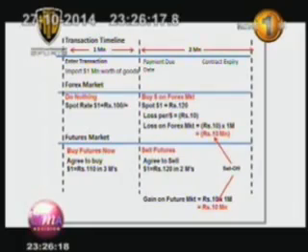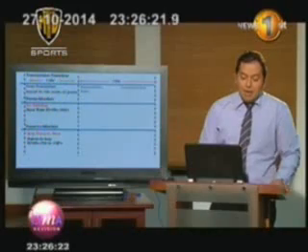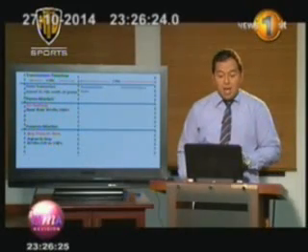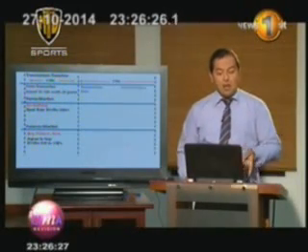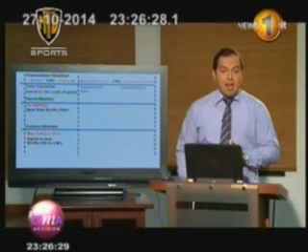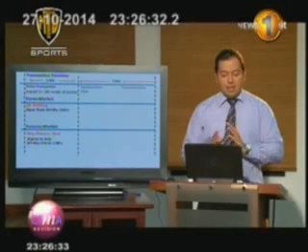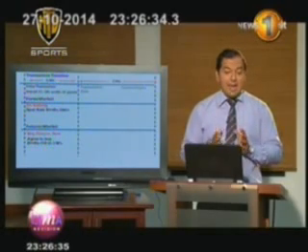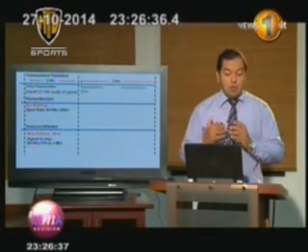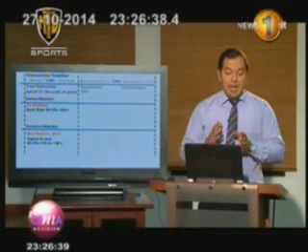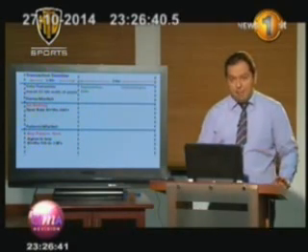So what I do is I buy futures now. I enter into a contract to buy $1 at 110 rupees in 3 months' time. So that's what I do now.